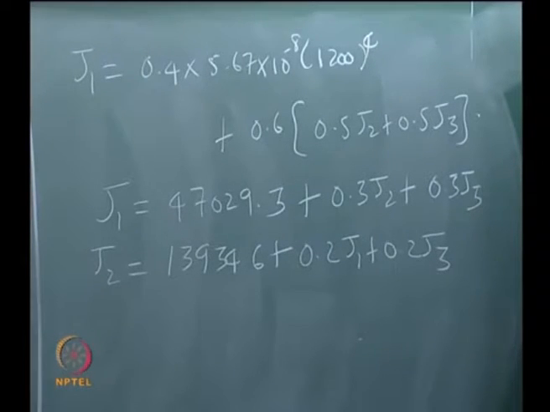Shrikant, is it okay? 0.2 and 0.2 are all right? Pradeep, what is your problem? I have multiplied Fij by 1 minus epsilon, correct? Right.